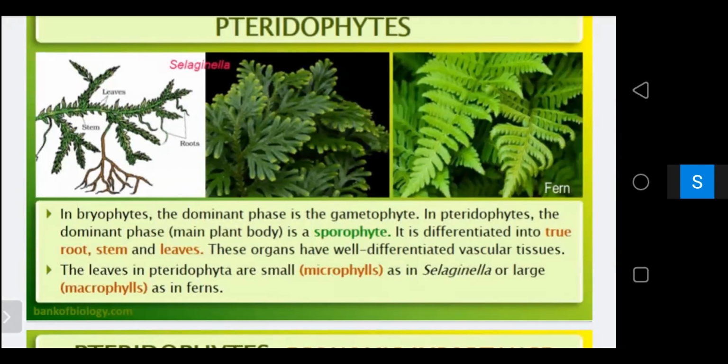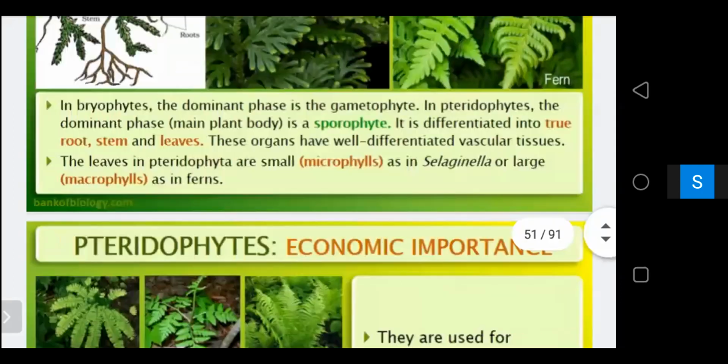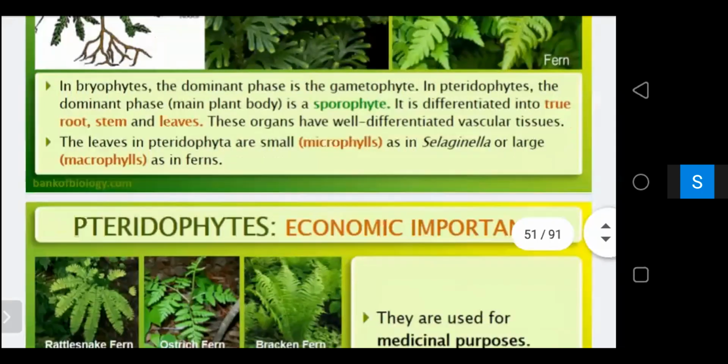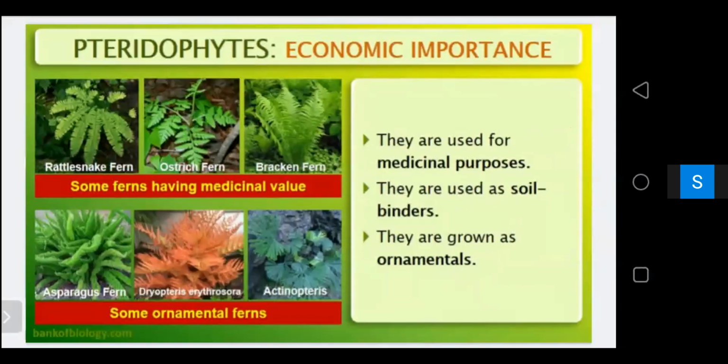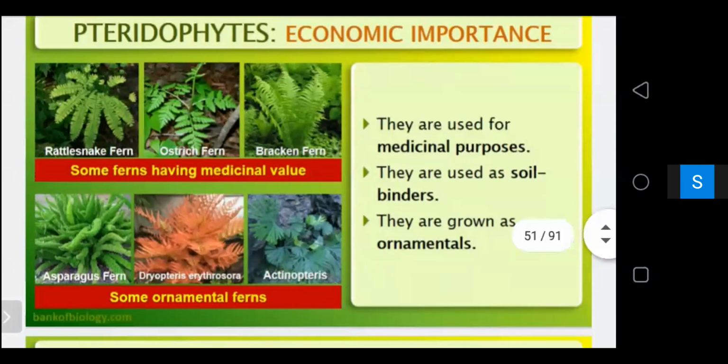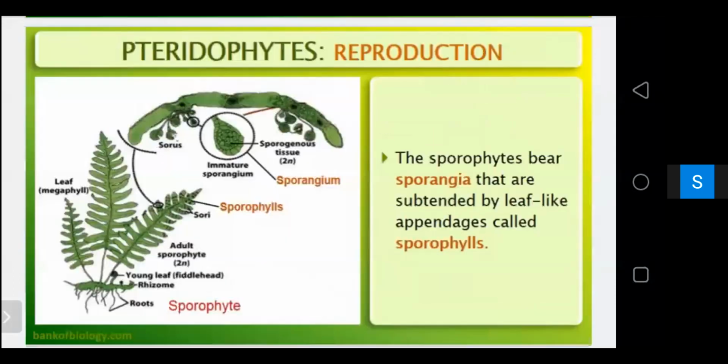The main plant body is sporophyte. These are the economical importance. The main plant body is sporophytic, that is diploid, and the sporophyte bears sporangia that are subtended by leaf-like appendages called sporophylls.